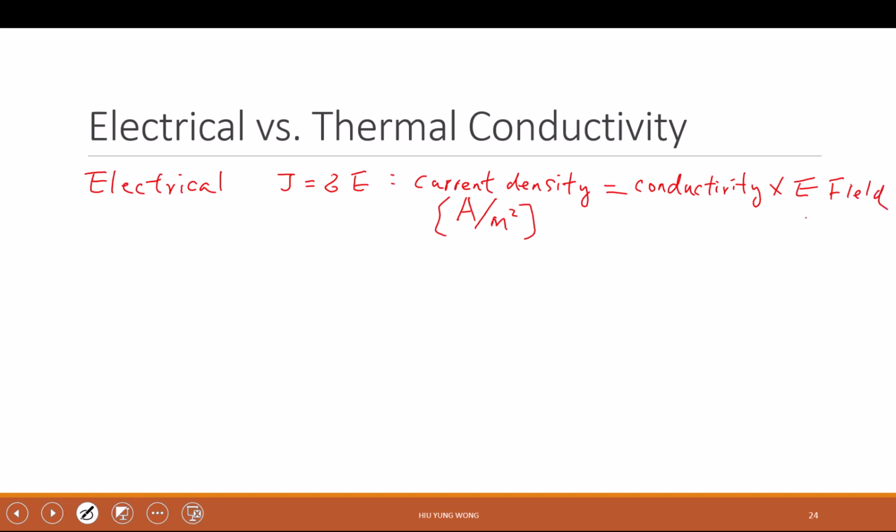Volts per meter, right? So from here, what is the unit of conductivity? You just need to do some division, right? Ampere per meter square divided by volt per meter, right?